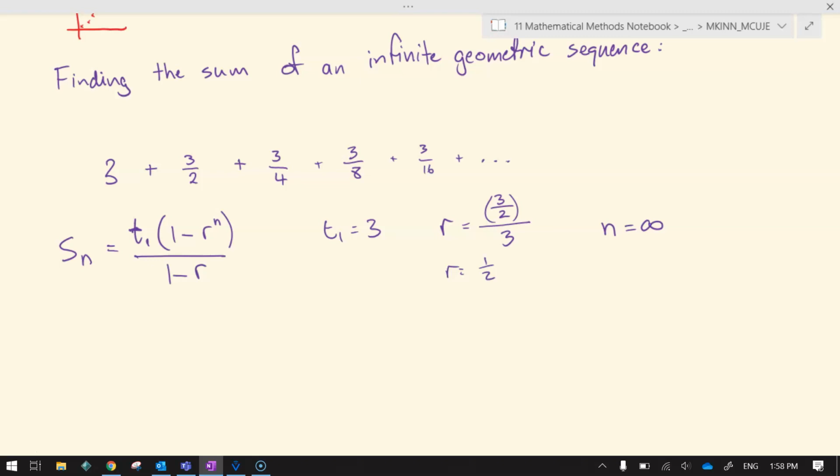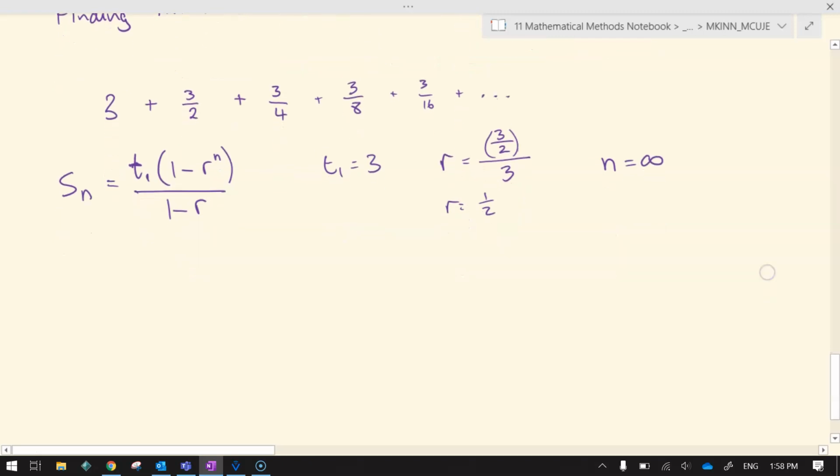Make the substitutions into that equation, and let's have a look at what we get. So, S, instead of n, I'm going to write infinity, the sum of the infinite series, is going to equal my first term, 3, over 1 minus, my ratio is 1/2. What am I going to do when I substitute that ratio in?